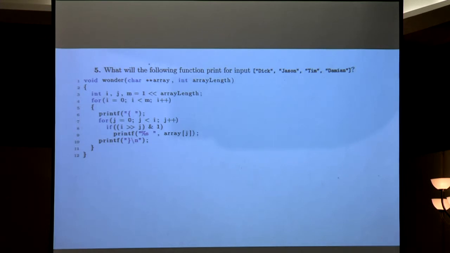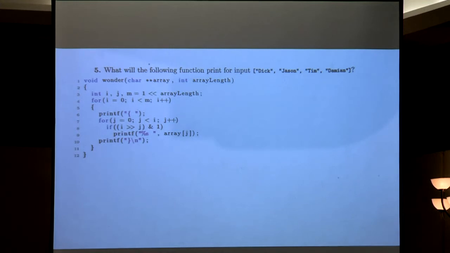Okay, who has an idea of what this thing will print? Yeah? I don't know, maybe I got this wrong, but it looks like the J is going back and forth between 0 and 1. So it's only going to print the first two names.